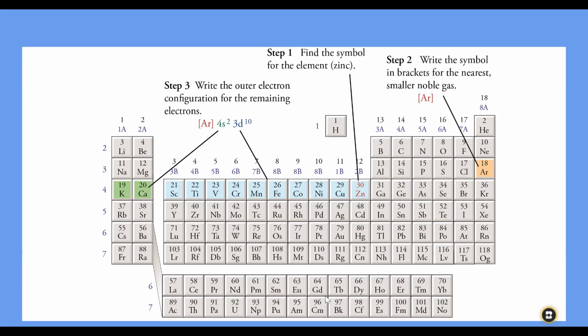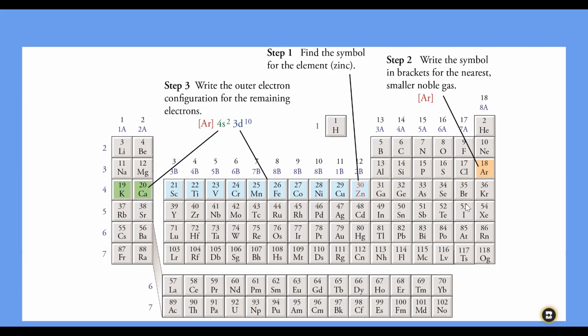This is the F block. Now, you are given an element like zinc. You are asked to write the electron configuration, abbreviated shorthand. You are using this in writing this electron configuration.